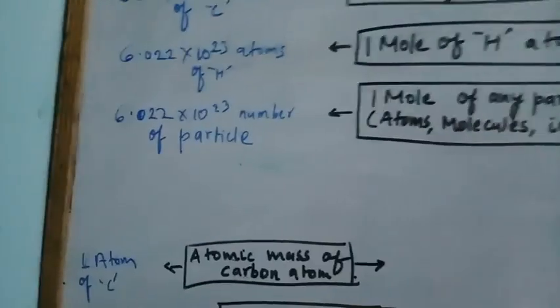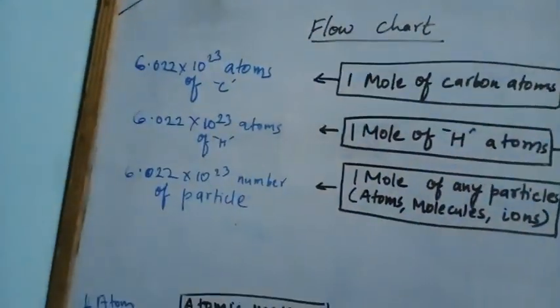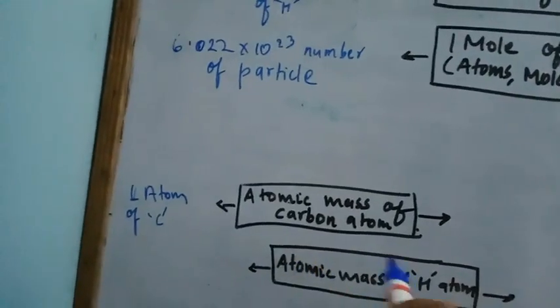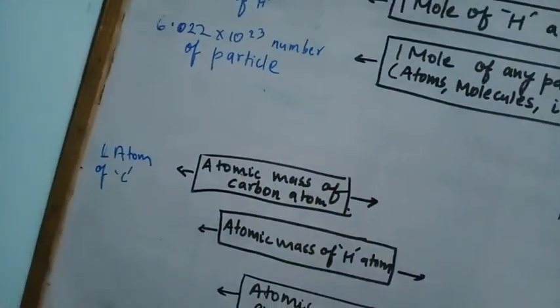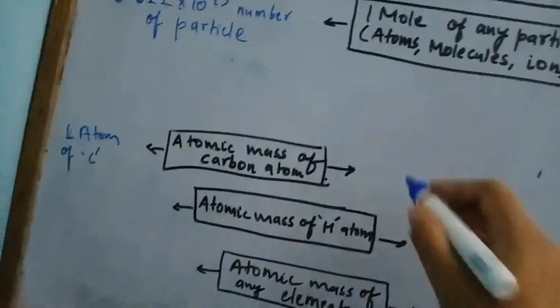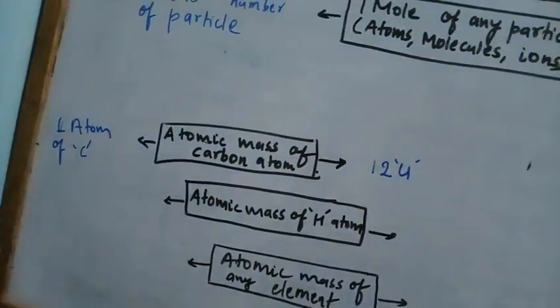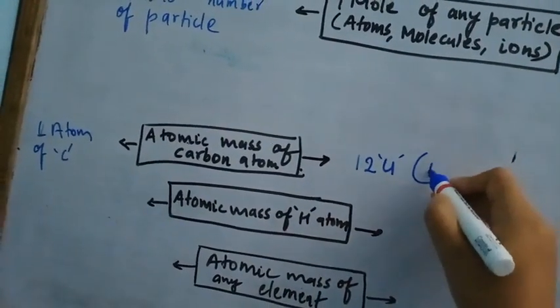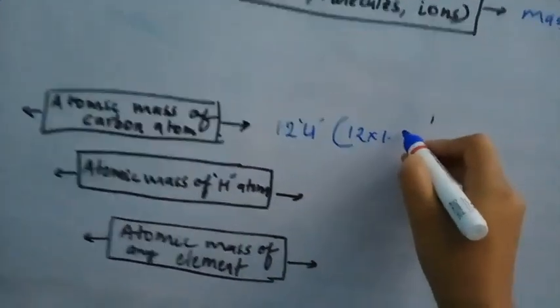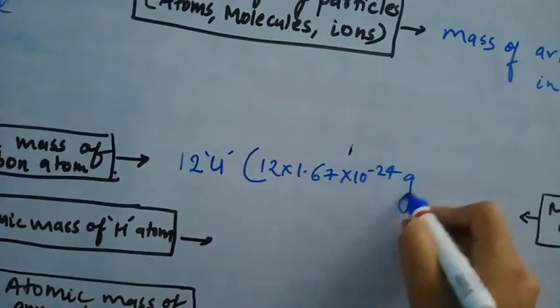So much difference, as you can see. 1 mole of carbon atoms means 6.022 into 10 to the power 23 atoms of carbon, and atomic mass of carbon atom means 1 atom of carbon. That is why we write atomic mass of carbon atom; you can't write atoms. And what would be the mass? Mass will be 12 u or AMU. And in grams, it would be 12 into 1.67 into 10 to the power minus 24 grams.